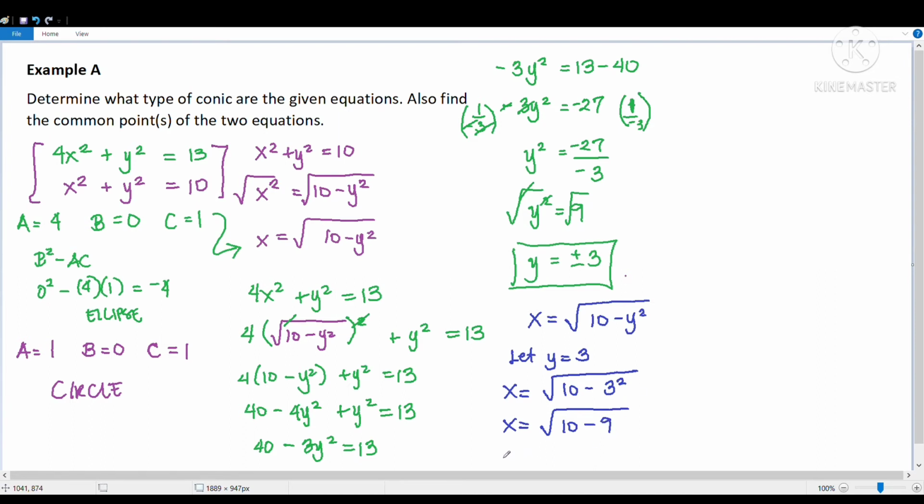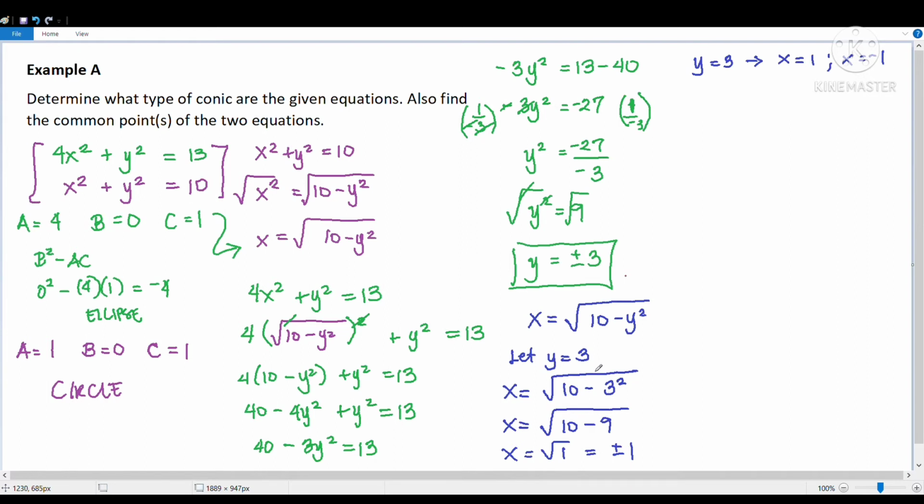And then we have x is equal to the square root of 1, and the square root of 1 is equal to positive and negative 1. Therefore, if I have a value of y equal to 3, then I have values of x equal to positive 1 and x equal to negative 1, because I have two values of x when I substituted the value of y equal to positive 3.